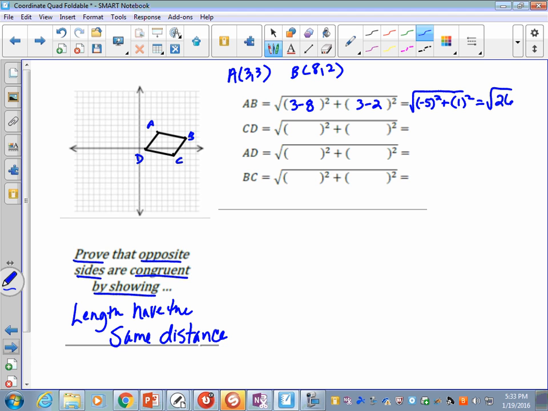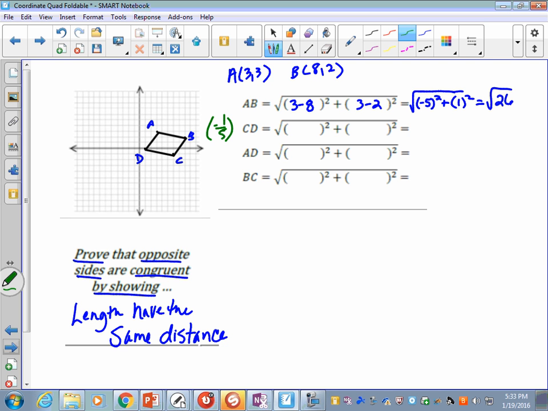Now, if you want to work smart and not overwork, we've already looked at the slopes. For example, doing CD, I know the slope of CD was 1/5. I just want you to notice something. I'm going to do the distance formula, and hopefully you remember that the distance formula was derived from the Pythagorean theorem, creating right triangles with the sides.